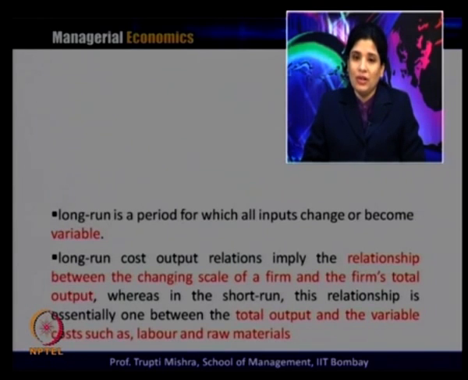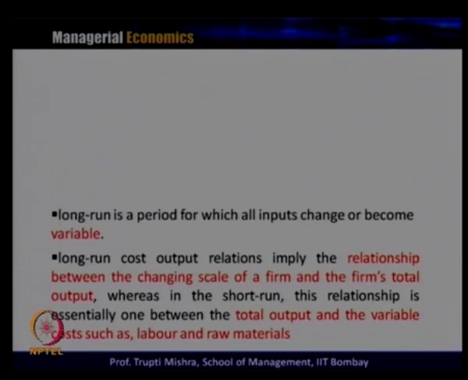So, the long run is a period for which all inputs change or become variable, and the long run cost output relation implies the relationship between the changing scale of the firm and the firm's total output.